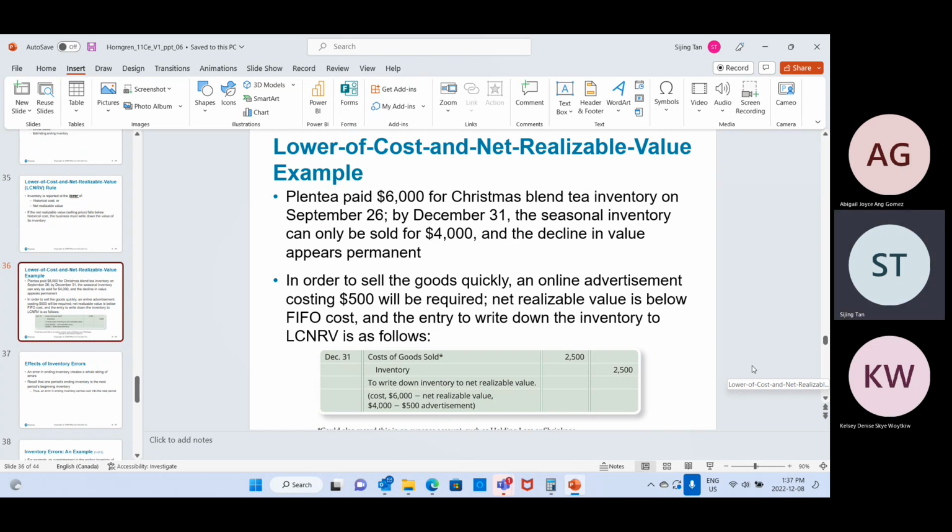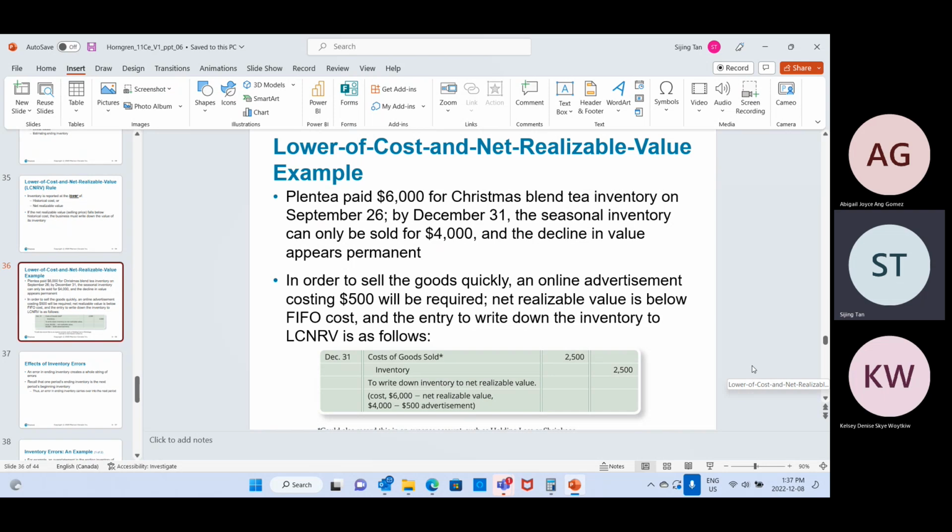Now, Blend Tea paid $6,000 for Christmas Blend Tea inventory on September 26th. By December 31st, the seasonal inventory can only be sold for $4,000. For example, because of COVID, people are not buying the Christmas Blend Tea gift boxes, which leads the total value of the tea boxes to decrease by $2,000.